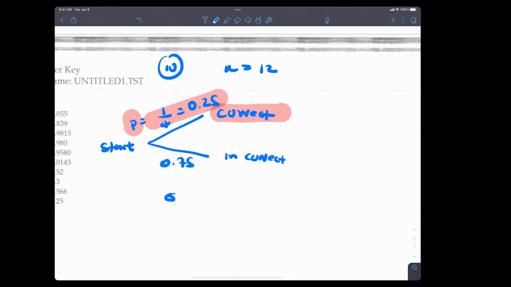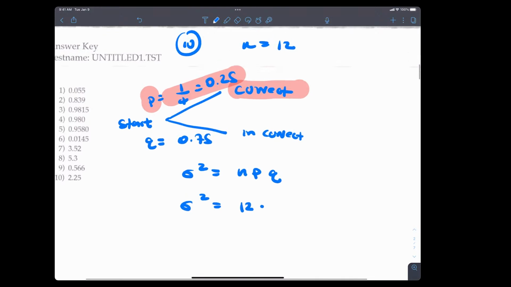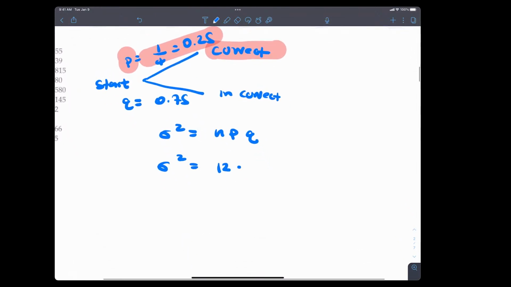So the variance is sigma squared, NPQ. That means our complement here is Q. So our variance is going to be 12 times, well, N is 12, little p is 0.25, little q is 0.75. This is the variance.